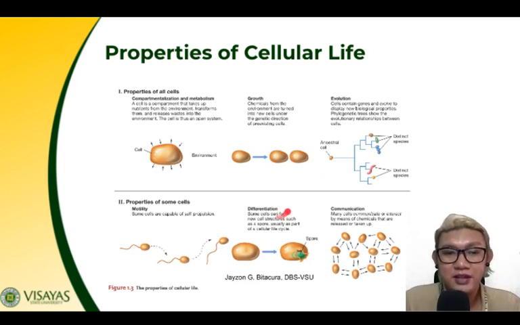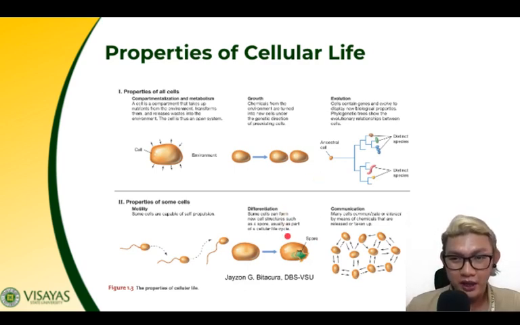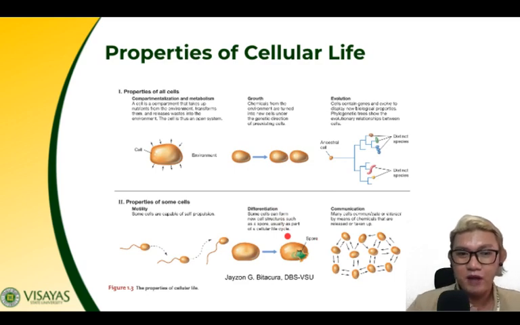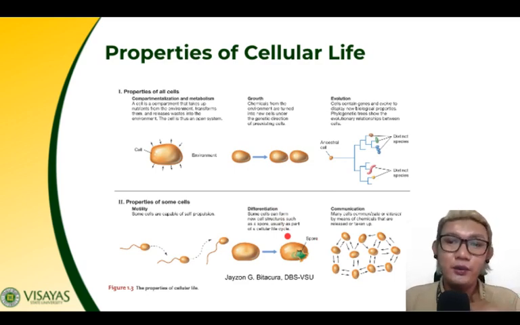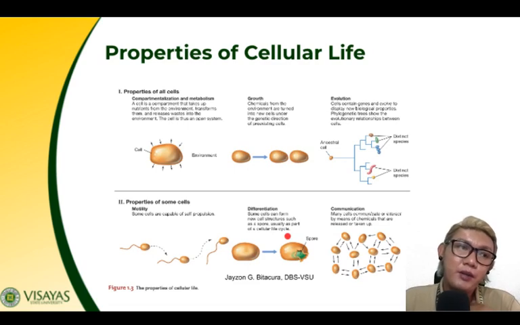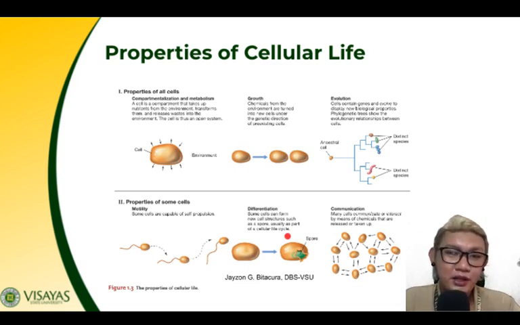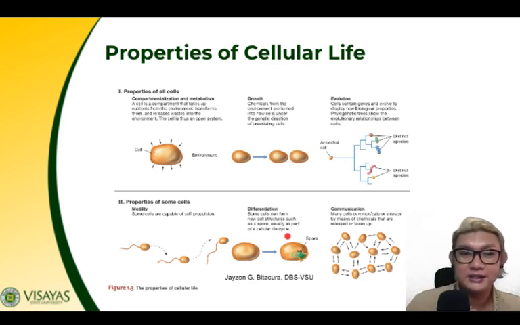But not in a conventional, natural way; not all are capable of differentiation. And also communication: not all are capable of producing substances that could harm. That is a way for the cells to communicate. They produce substances, and the target cells have different responses.